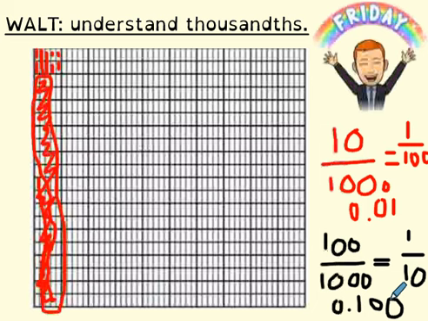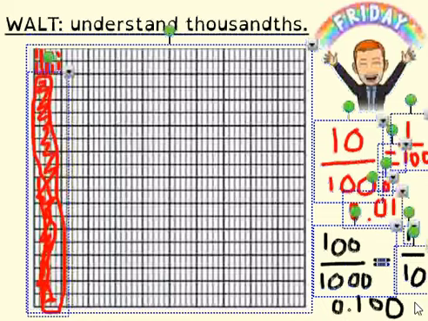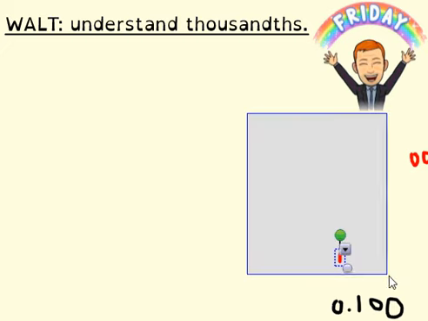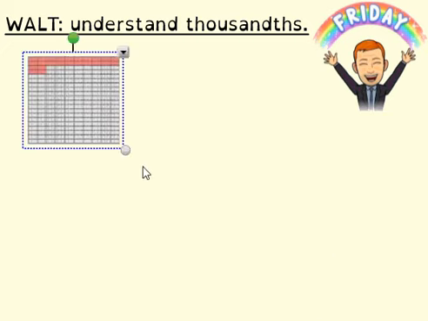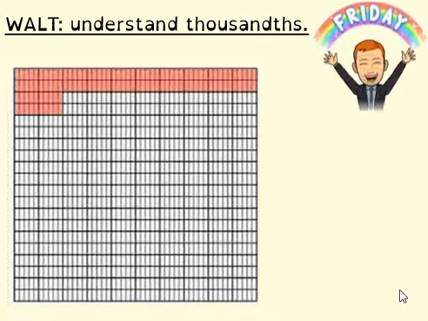Let's have a look at a further example. Let's get rid of all of these out of the way. I'm going to bring up a new thousandth square. Let's make it a lot bigger so we can see it. So this time, I've already shaded in quite a number of my rectangles. My question to you would be, what fraction has been shaded in?